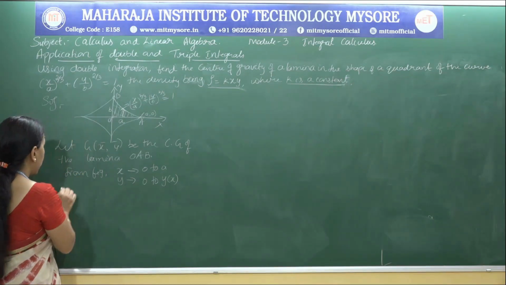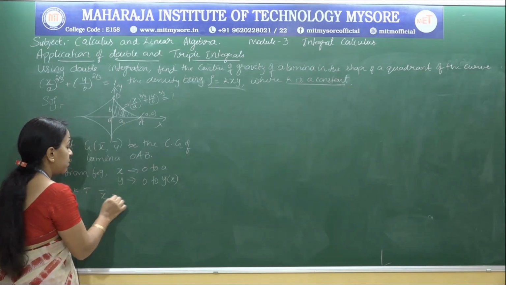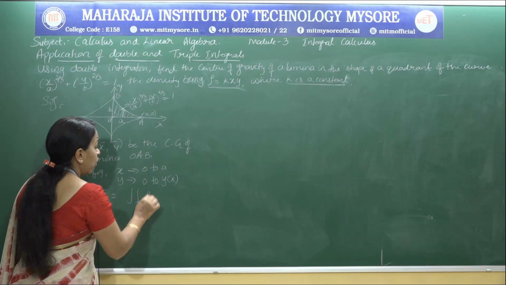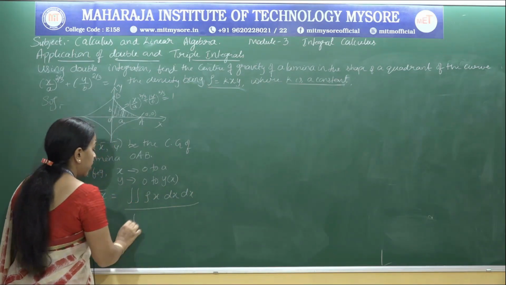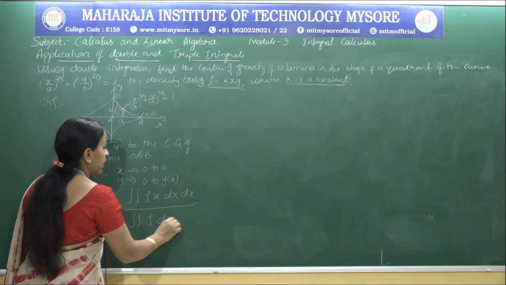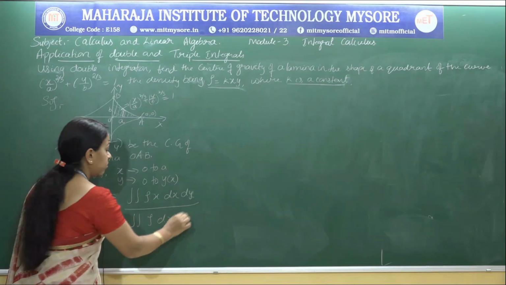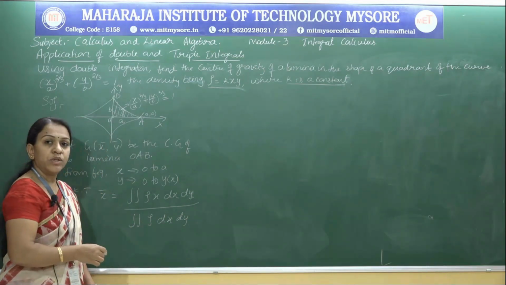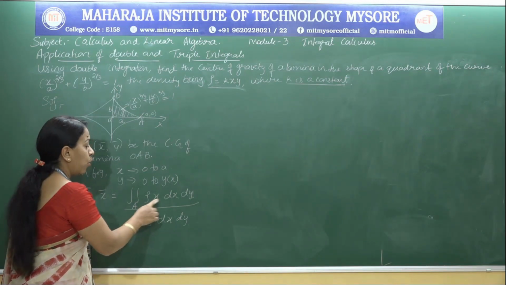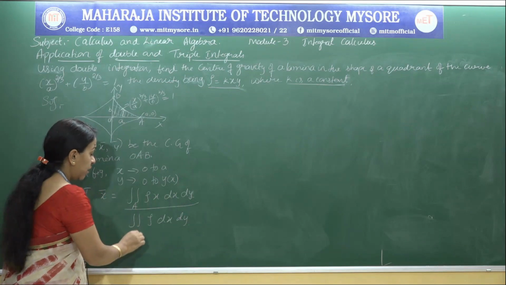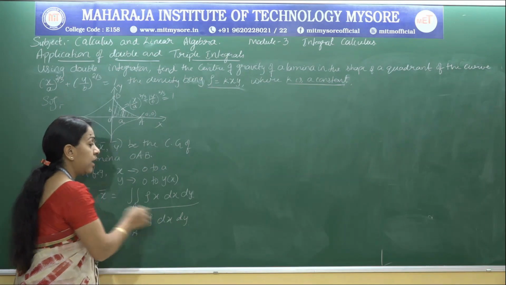So consider x bar. We know that the standard formula to get the x bar is x bar equal to double integral of rho x dx dy divided by double integral of rho dx dy, where the mass m is the double integral of rho dx dy.